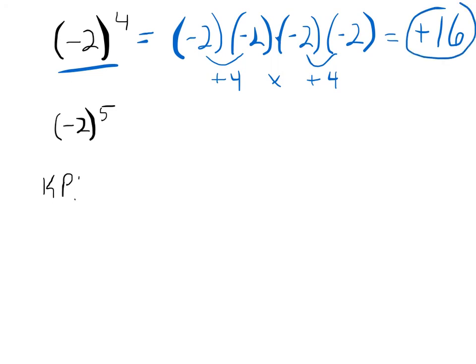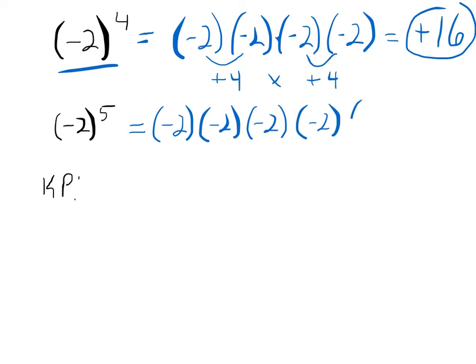But on this one, again, write it out: negative 2, negative 2, negative 2, negative 2, and the last one, negative 2. Let's show what the numbers multiply to get. A negative times a negative gives me a positive 4, times, because it's touching up here, a negative times a negative gives me positive 4.